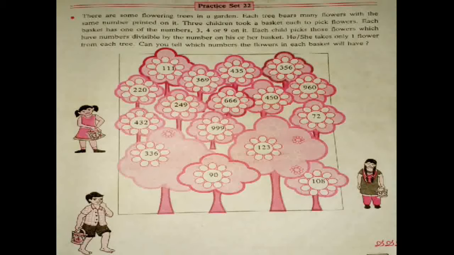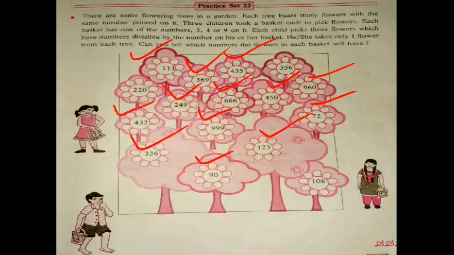We have to tick mark. All these numbers with flowers which I tick mark are divisible by 3.